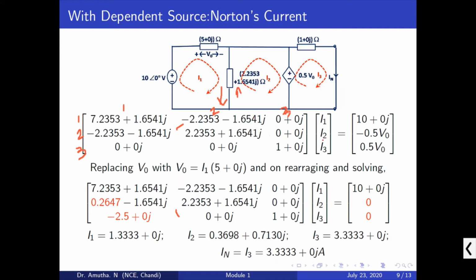Mesh impedance into the mesh current. What is that mesh current or loop current? I1, I2, I3, right? I1, I2, I3 equal to the voltage rise in the particular loops. This is for the first loop, this is for the second loop, and this is for the third loop.